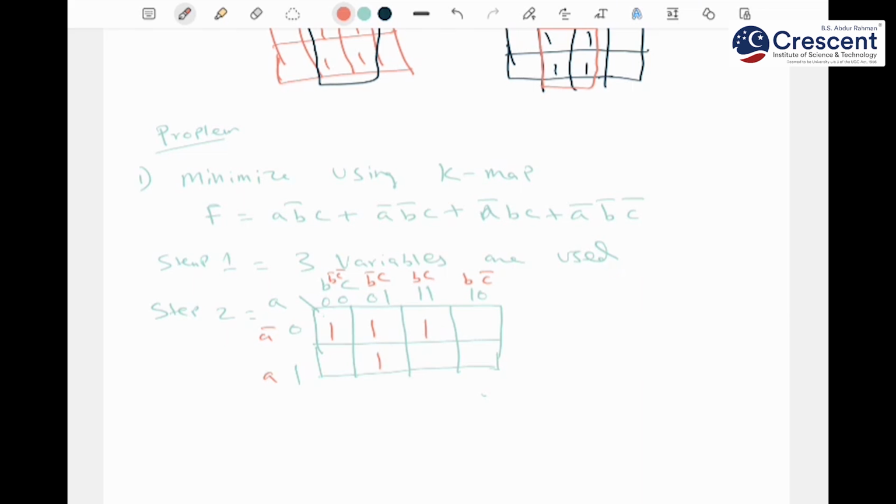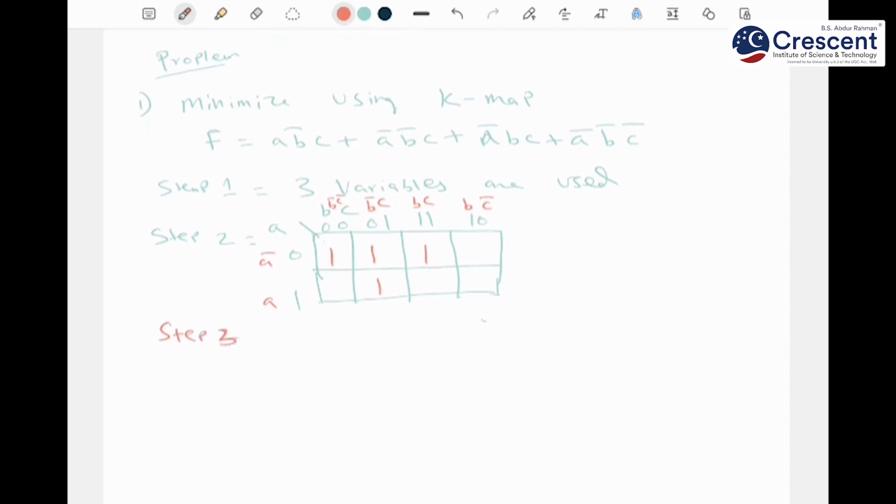Now, how many terms are there? Okay, let us solve this one. So you have to group. Step 3 will be grouping. So how will you group this?